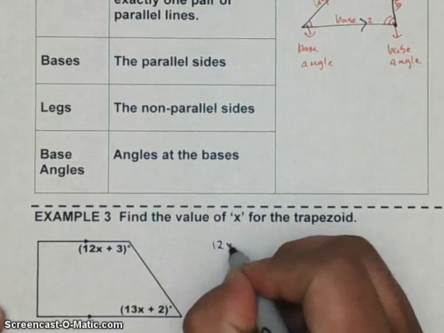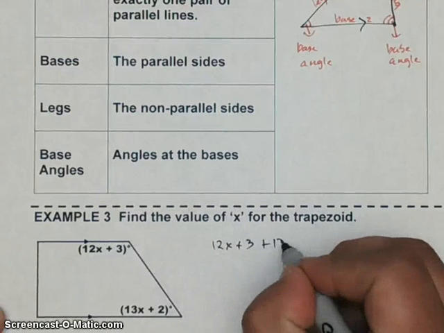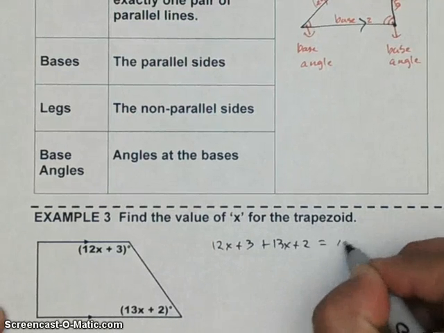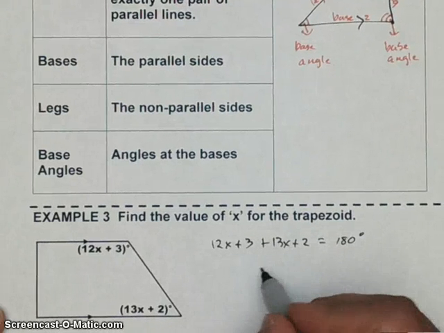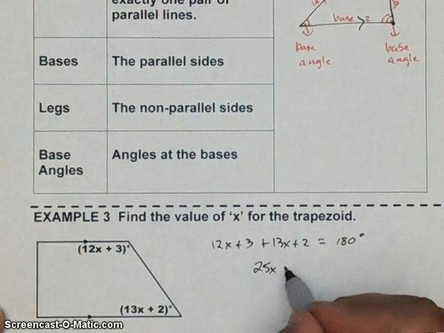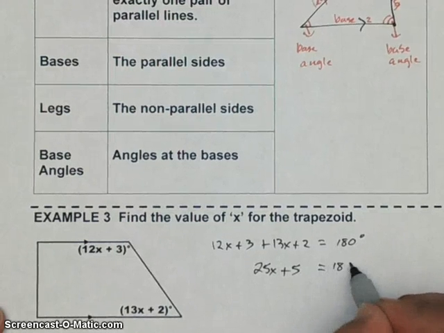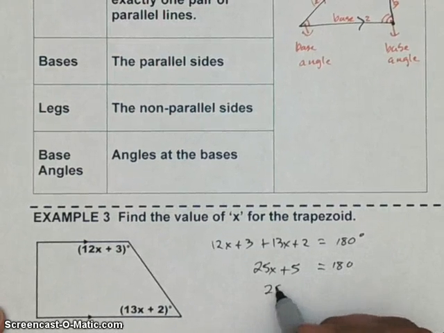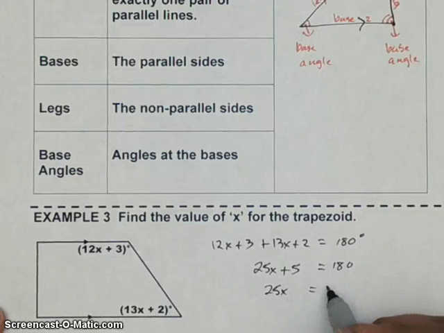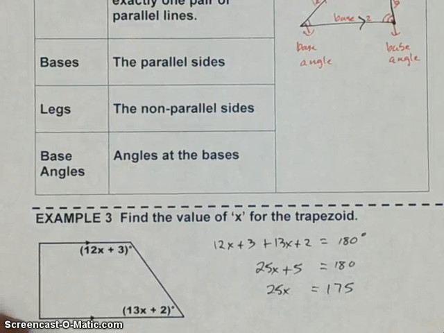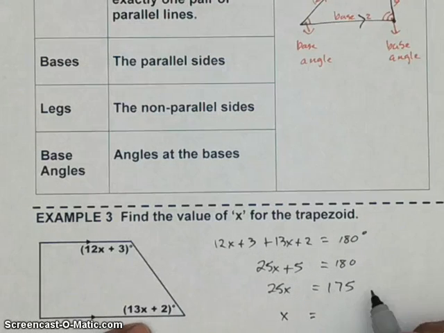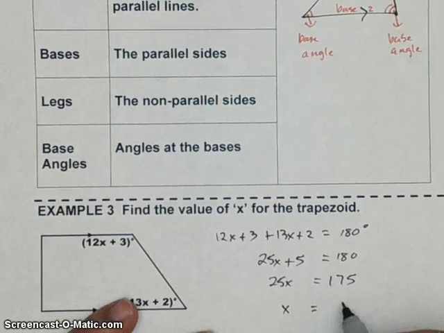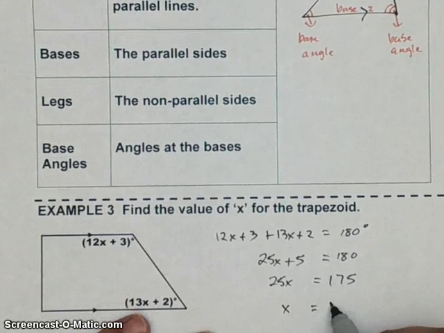So we would have 12x plus 3 plus 13x plus 2 has to be 180 degrees. 12 and 13 make 25x plus 5 is 180. Subtract 5, we get 175. And then if we divide both sides by 25, we get that x is going to be 7.